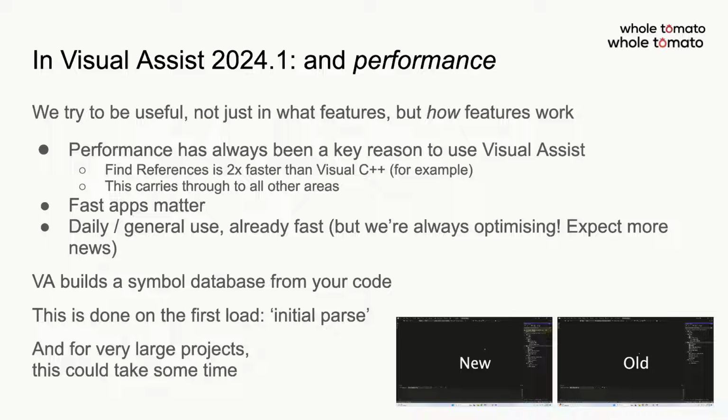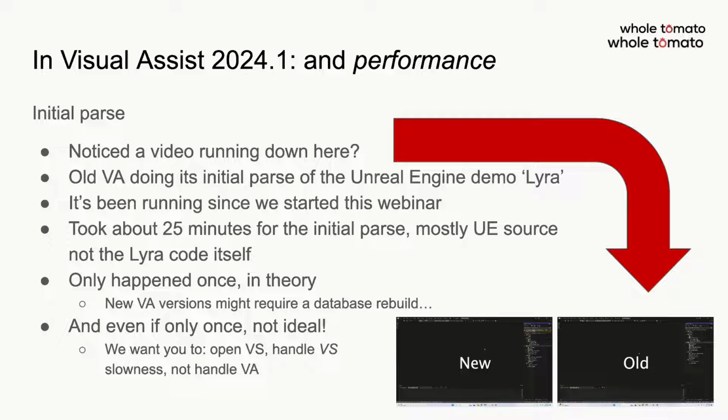When you open a solution, Visual Assist builds a database from your code. This is the symbol database, and while it's updated as you make changes, the first time is called the initial pass. And for very large projects, this could take some time. How long? Well, you might have noticed a small video running down on the bottom of the screen. This is the old version of Visual Assist doing the initial pass for the Unreal Engine Lyra demo, which, counting Unreal Engine itself, is a lot of code.